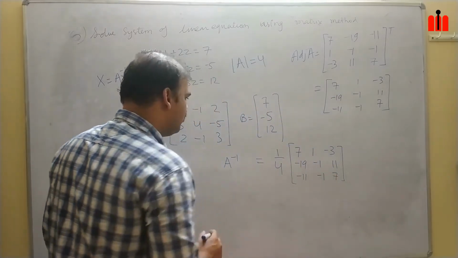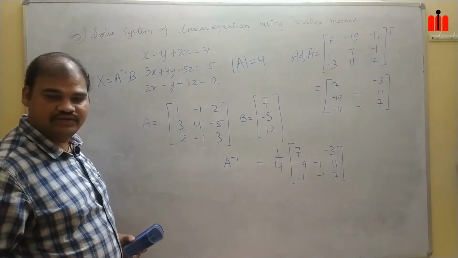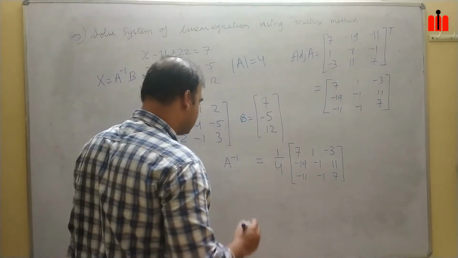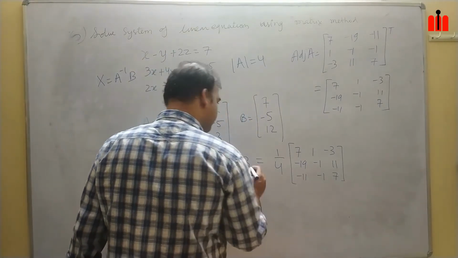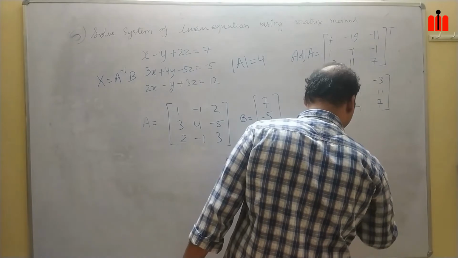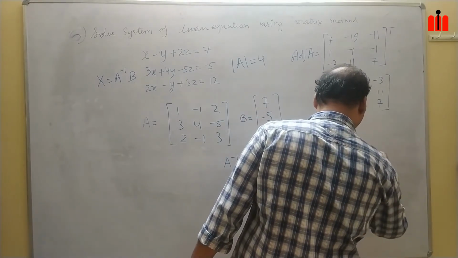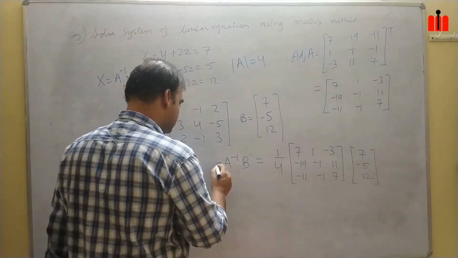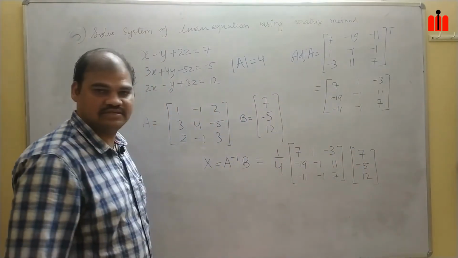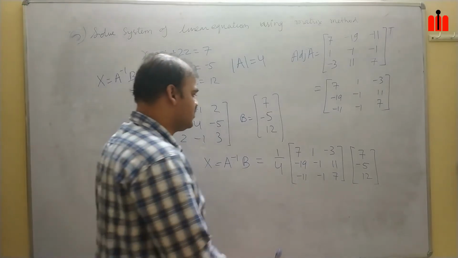Now for X we have to do A inverse into B. What is B? 7, minus 5, 12. So we will multiply it with 7, minus 5, 12, and this will give me X.